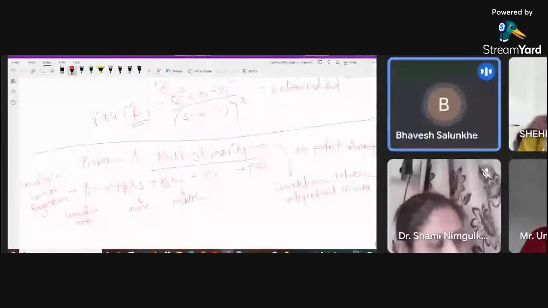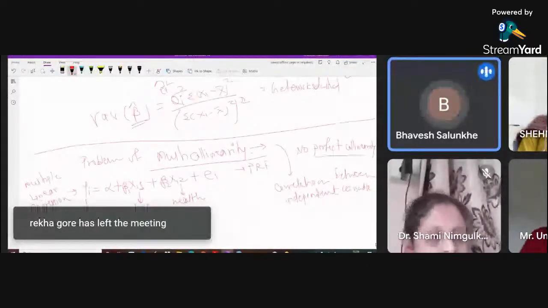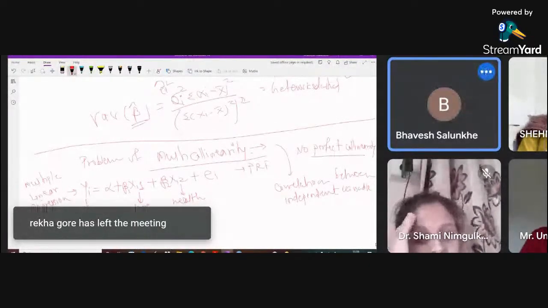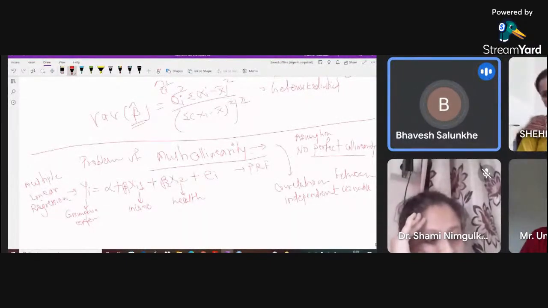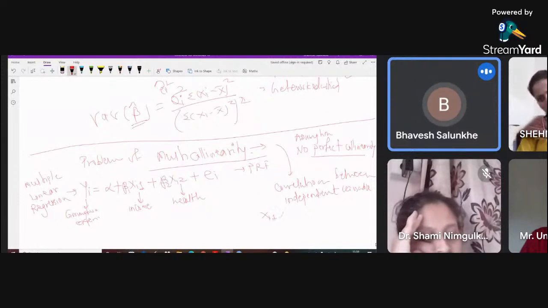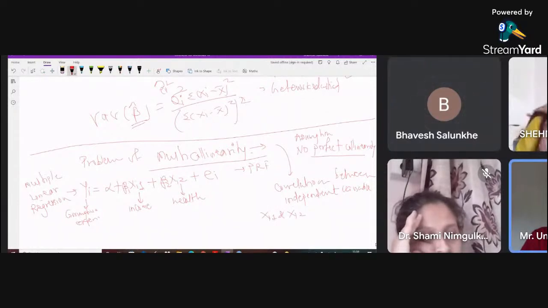What do you mean by this? Can someone explain? No perfect collinearity. This is the assumption we make while estimating a multiple linear regression model. There is absence of correlation between or among the independent variables.